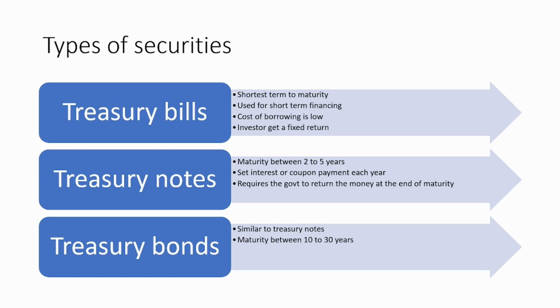So these are institutional investors normally who invest in these kinds of bonds, whether it's mutual funds or other governments, for instance the Chinese government buying treasury bonds of the US. That is one good example. All other things are very similar to treasury notes, whether it's returning the money back or getting the fixed coupon, all that remains the same except the maturity period, which is longer compared to treasury notes.